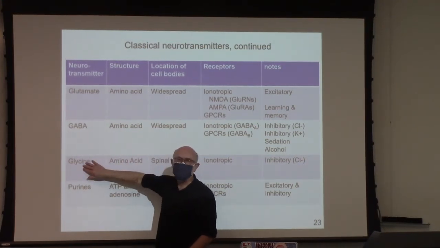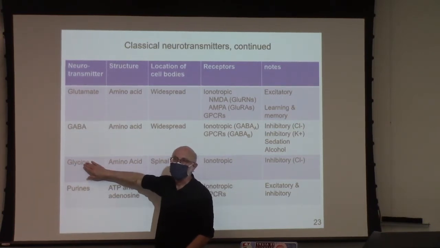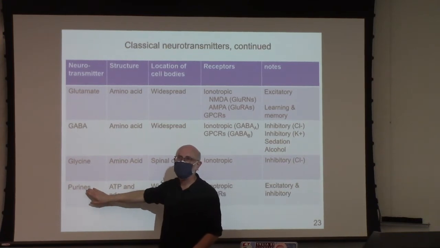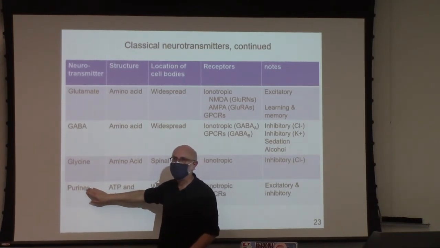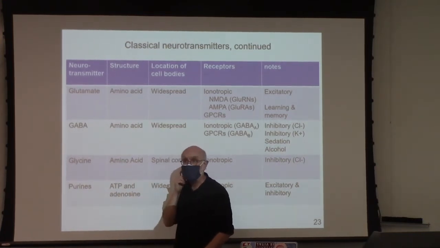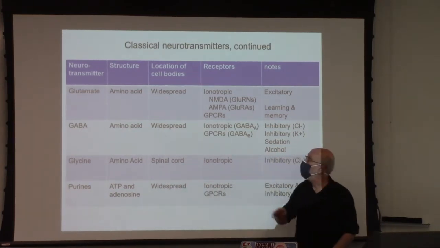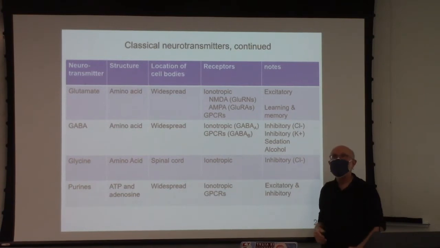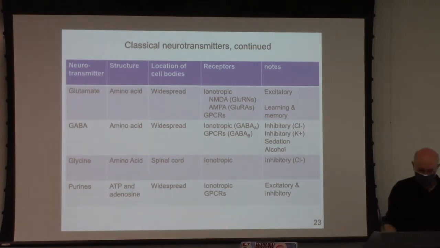We're going to skip glycine, so you can cross that one off of your table. We're not going to get into it. And we're not going to talk about purines, so you can cross this one off your table. But the other ones we're going to talk about now in detail. And then you can refer to this table as you study the neurotransmitters.